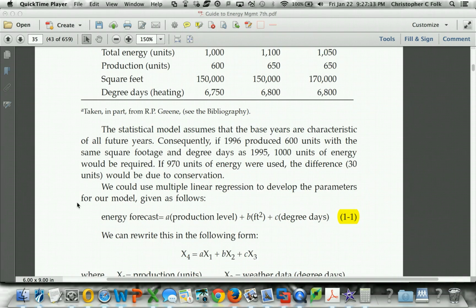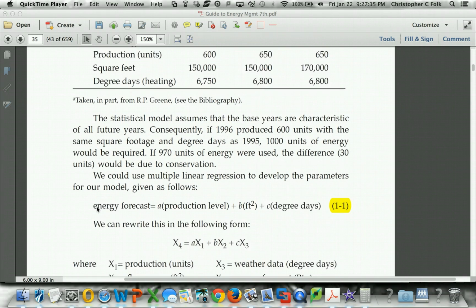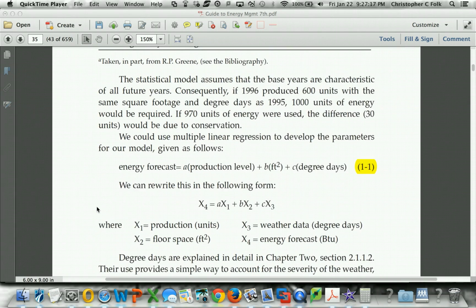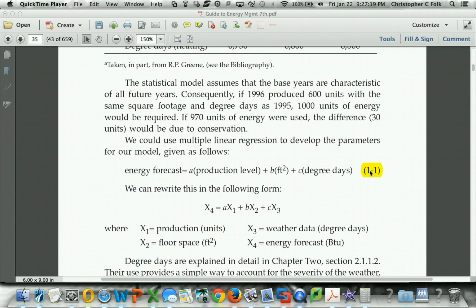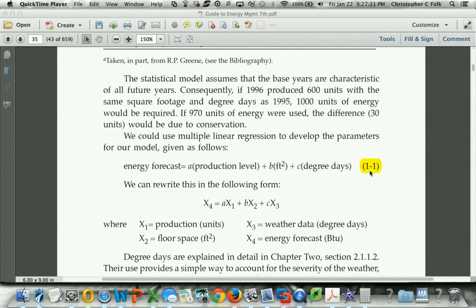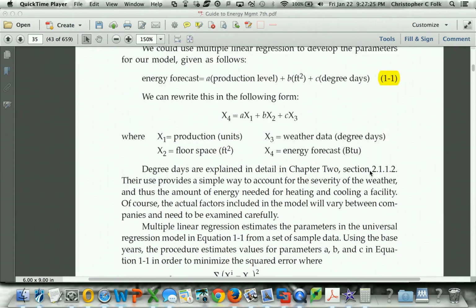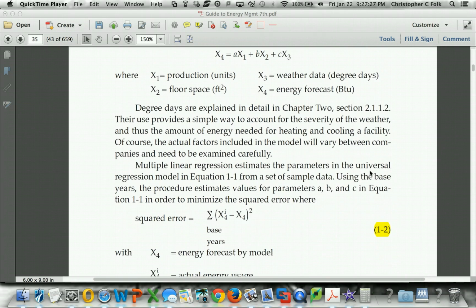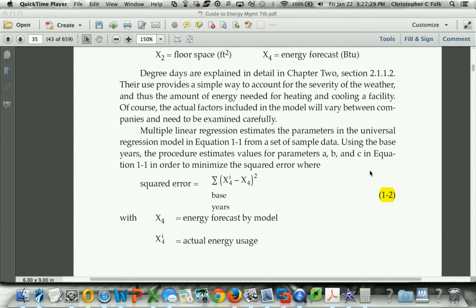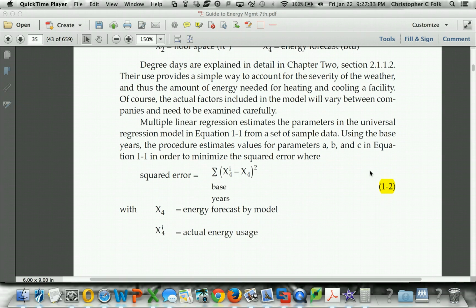We're going to see that there's a statistical formula here. This is the first formula. Notice they put formulas in here on the right side, 1-1, and in this case, we're comparing it to degree days. Later at the bottom, we're going to see formula 1-2, where we add these together.